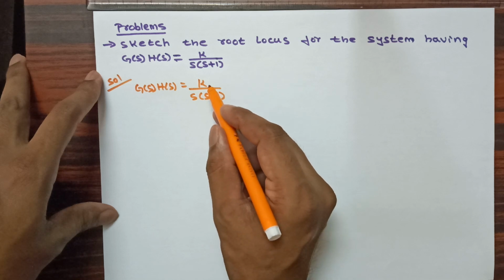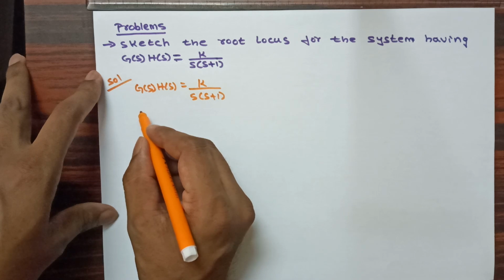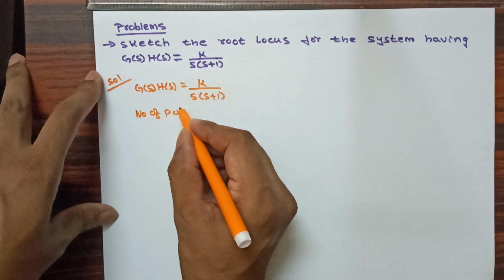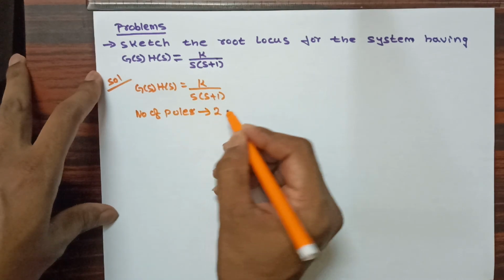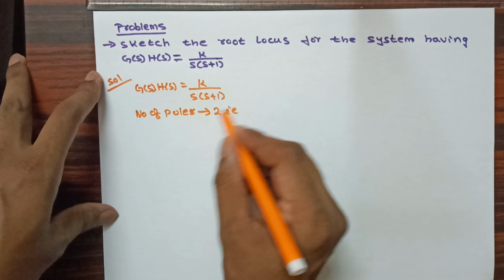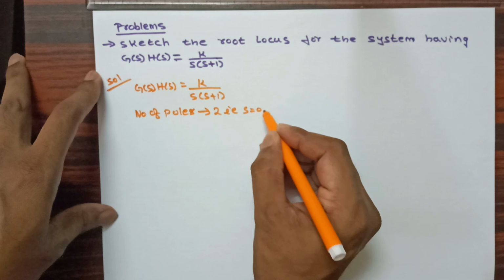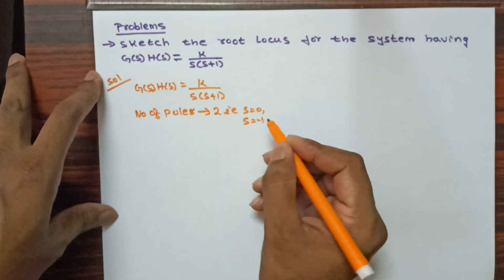He has not given any zero term in the numerator. So the number of poles is 2, that is s equal to 0 and another one is s equal to minus 1.